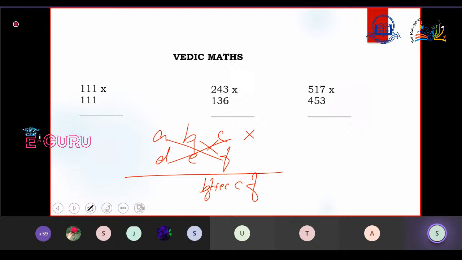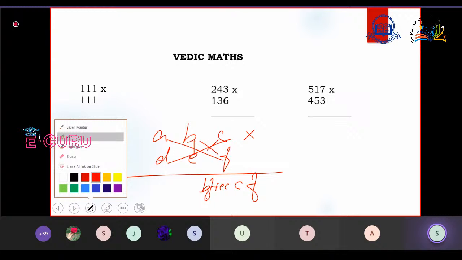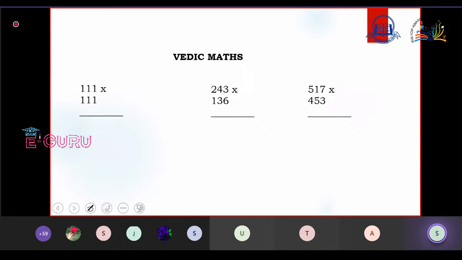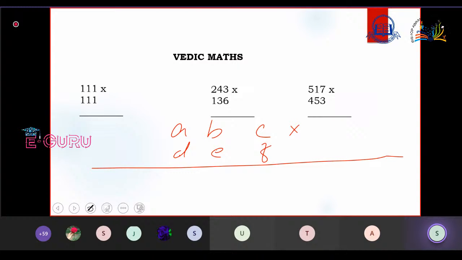That means, just a second, I will write it again so that it will be clear. A, B, C into D, E, F. First CF, then BF plus EC.